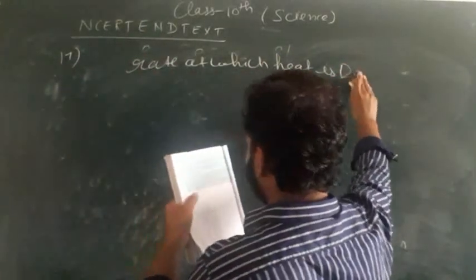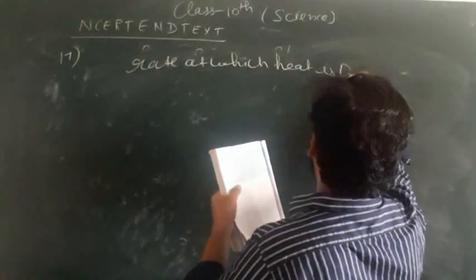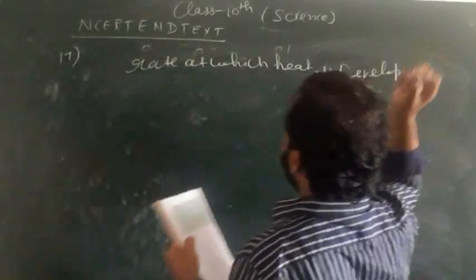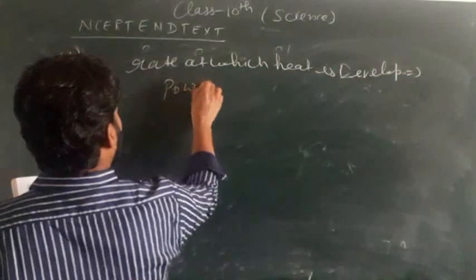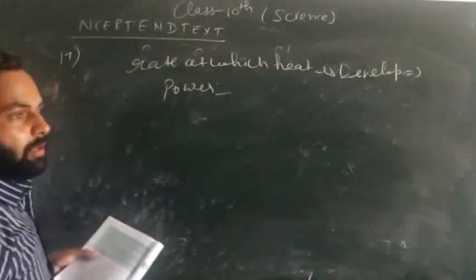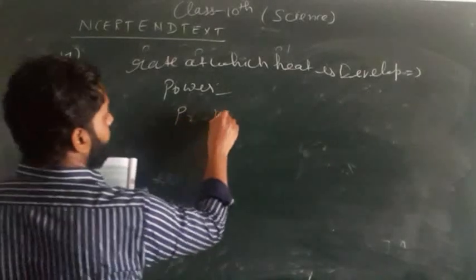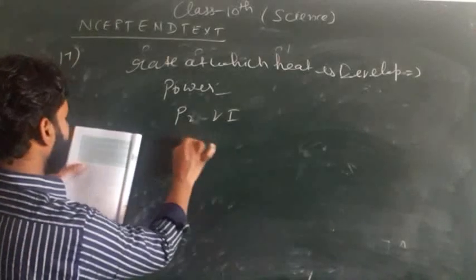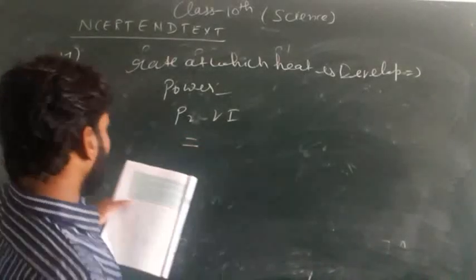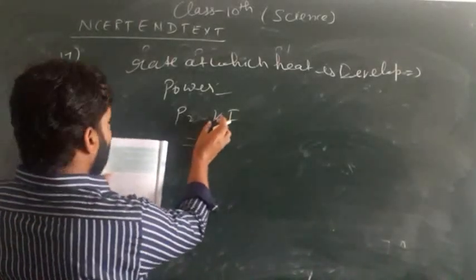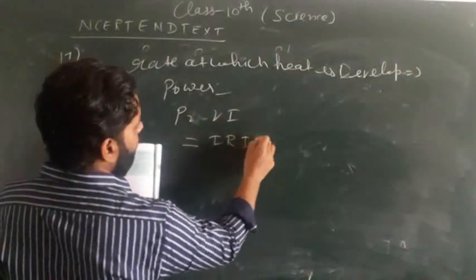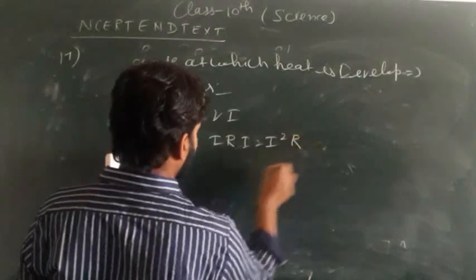So that is equal to the power. We know that power P is equal to VI, but in that question V is not given, so in place of V we will put IR. Into I, that comes out to be I square R. What is I?